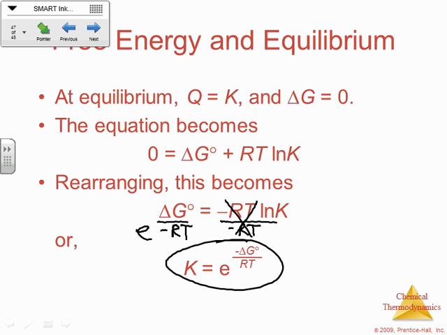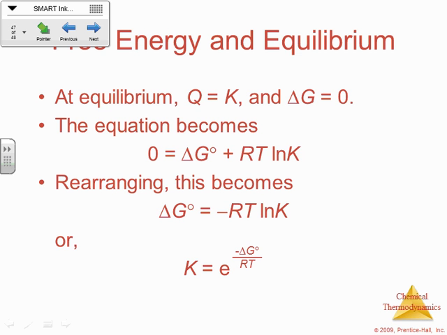No, it's there. Negative RT times ln K. Okay, so they don't have this one on there anymore? Maybe they thought that was confusing, which it can be. But I guess maybe we'll talk more about this one than this one. They're basically the same.